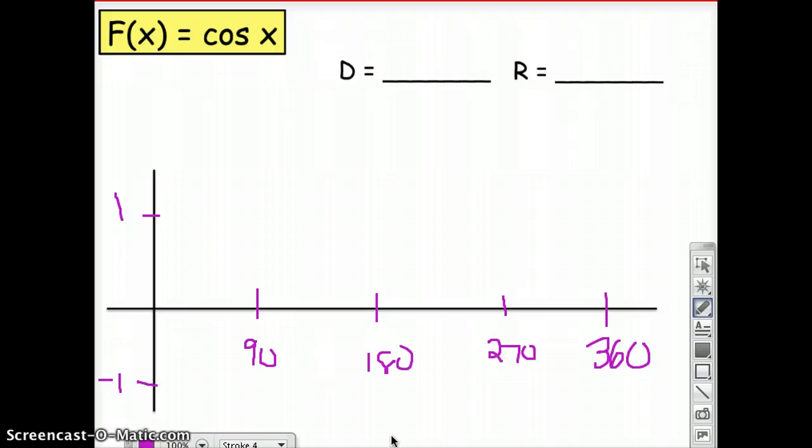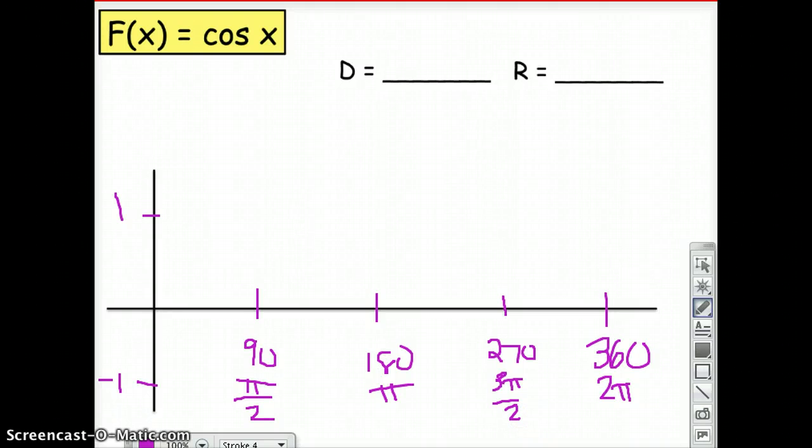Now, just to show you radians too, because sometimes you'll be graphing in degrees, sometimes you'll be graphing in radians. If you were graphing in radians, you would just be using the radian measures. But it's the same idea, depending on how you're graphing it.